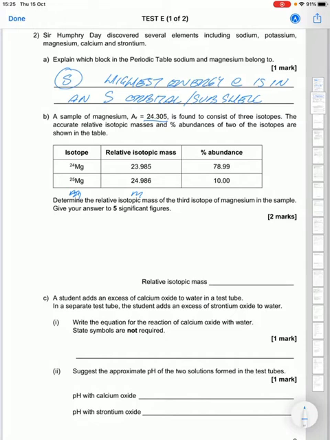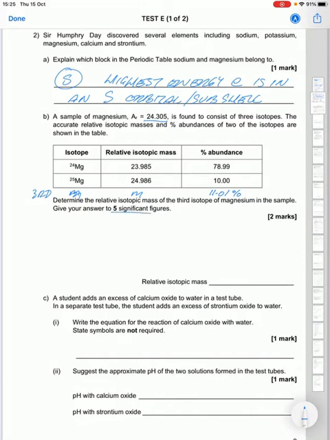And the abundance, we can work out the abundance of the 3rd isotope. So total abundance is going to be 100%. So 100 minus 10 minus 78.99 is going to equal 11.01. So 11.01%.